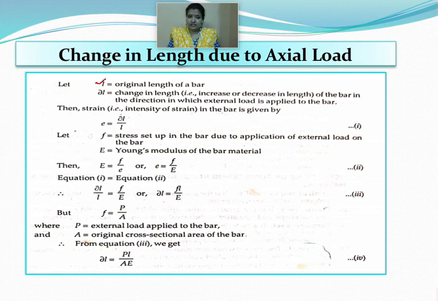If you are applying tensile load, that means you are giving an increase in length, and if you are using compressive load, that means you are giving a decrease in length. When you are applying a compressive load, though your length is getting decreased, your diameter is getting increased.